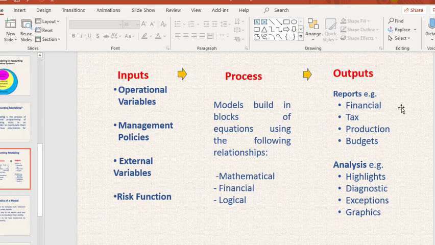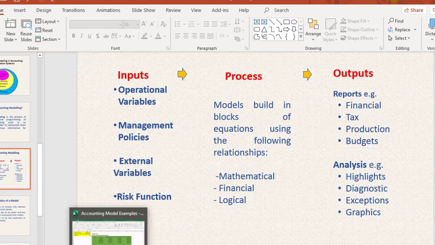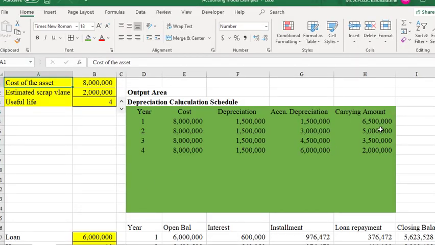Now the output of any accounting model may be in the form of reports, graphs, tables, or highlighted figures. For example, we'll discuss later, we can apply different formatting applications, and you can easily monitor figures which are above or below the required figures.